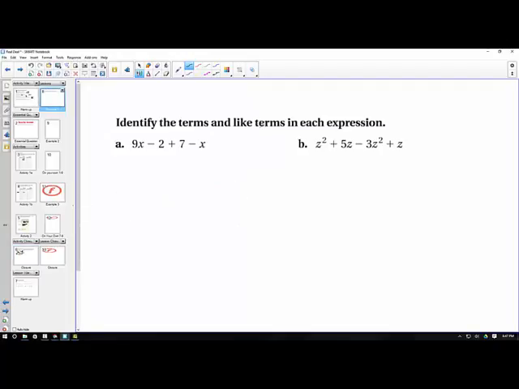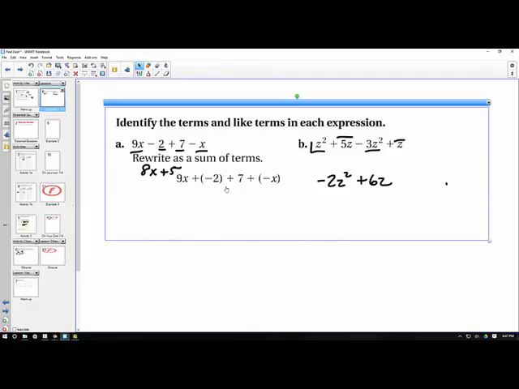And then we're going to go through here and try to combine like terms. So again, go through, highlight. So I have here 8x, negative 2 and plus 7 is going to be plus 5. This one here, I have the z squared. Now, if it has nothing there, we assume that it's 1, right? So 1 minus 3 is negative 2z squared. And then we'll go through here and 5z and 1z, and I have plus 6z.